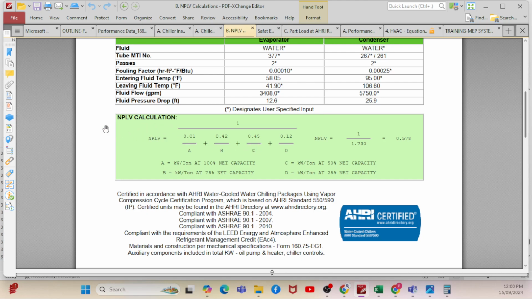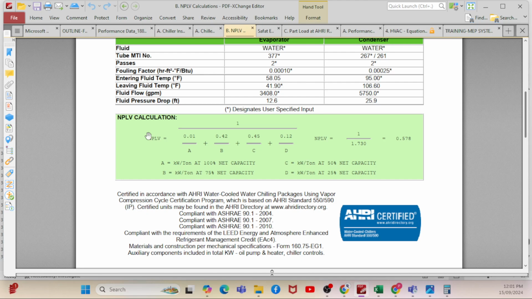Okay, what is the difference between IPLV and NPLV? When you calculate based on T1 condition, it is called IPLV because it is based on AHRI condition, which is 35 degrees Celsius. If you do it based on NPLV, non-standard part load calculation, which is local regulation, the non-standard part load may be local, like it may be UAE, or it may be Saudi Arabia, or it may be Qatar, or any other country, right?